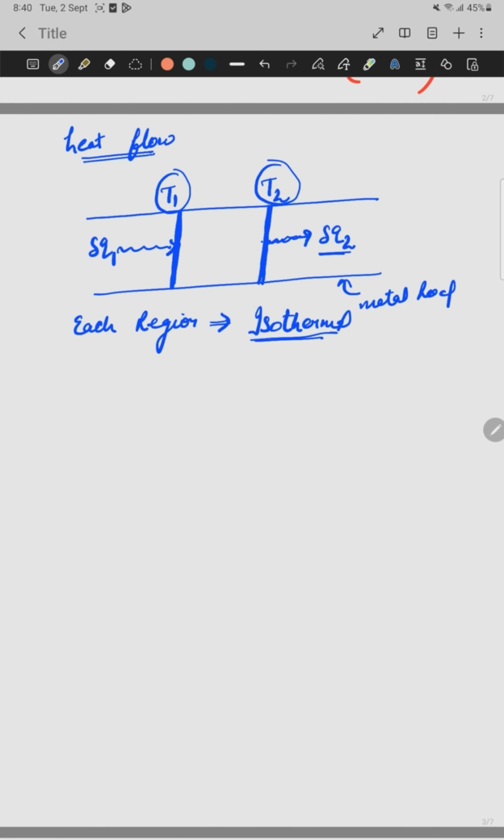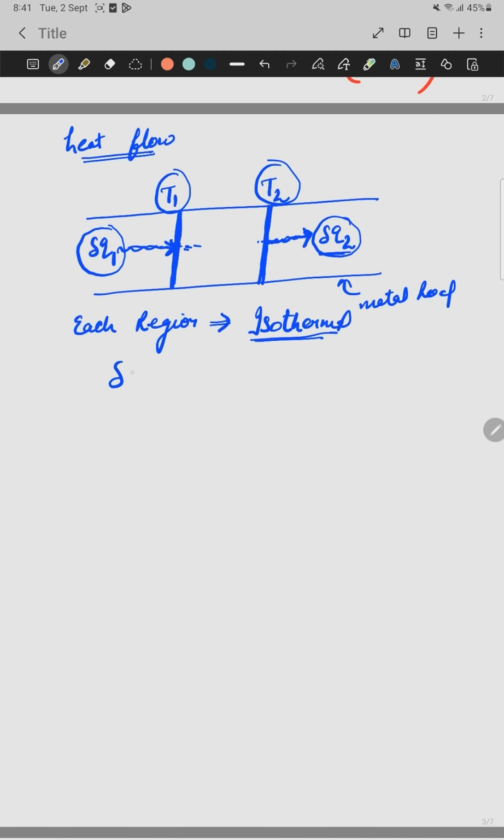How is this possible? This is possible when the amount of heat which enters through one region is the same amount of heat released from the second region, which is very close to the first region.